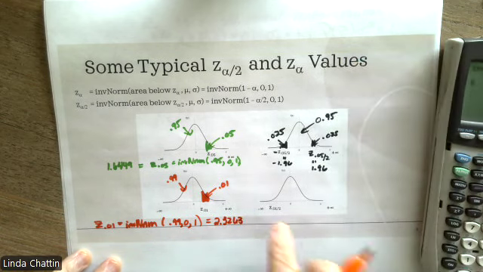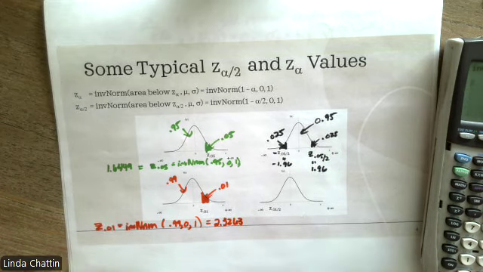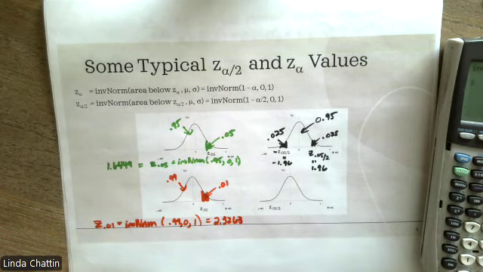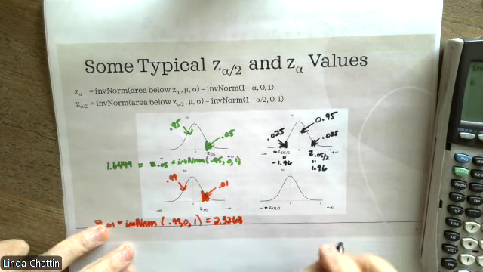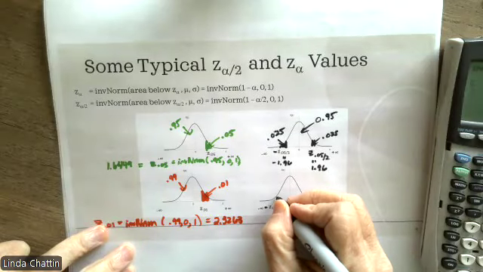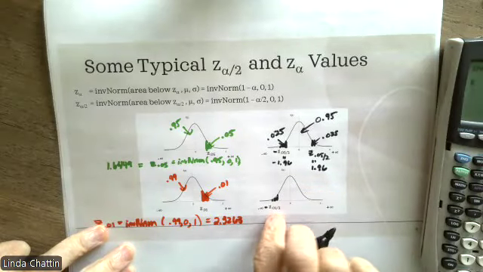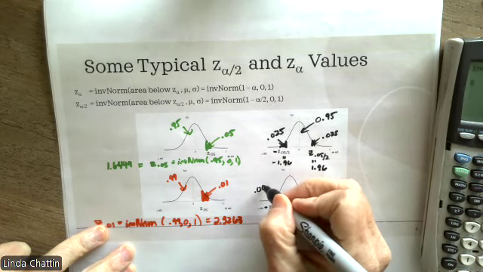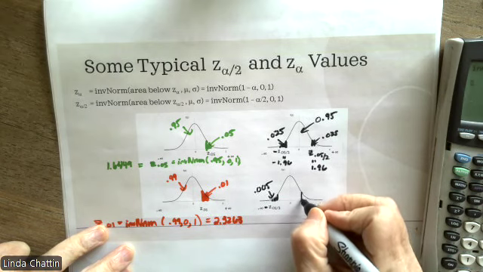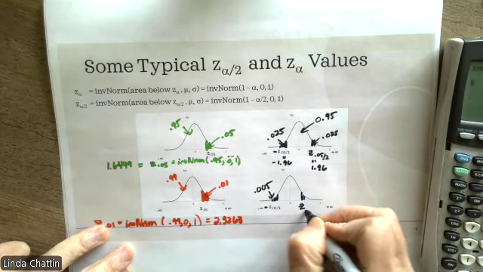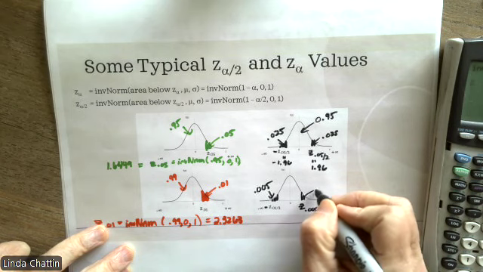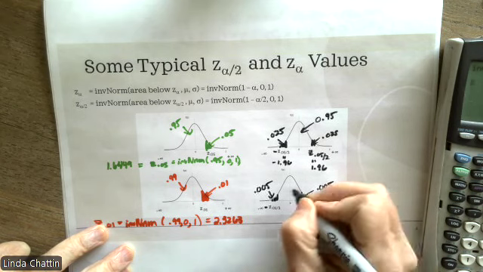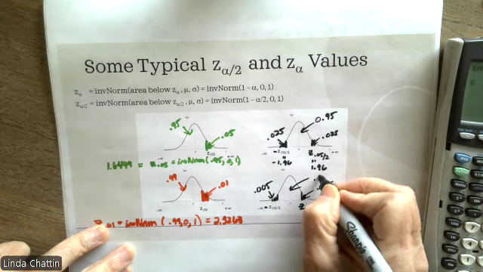Finally, sometimes we're interested in an even smaller value for alpha divided by 2, and this should have a negative value because it's a negative value on the z-axis. So the area below here is 0.01 divided by 2, which is 0.005. If it was the positive z of 0.005, this would be 0.005, meaning the middle part would be 0.99.